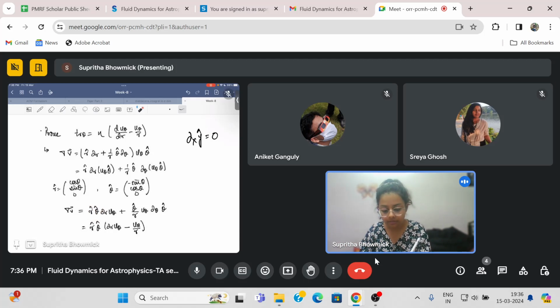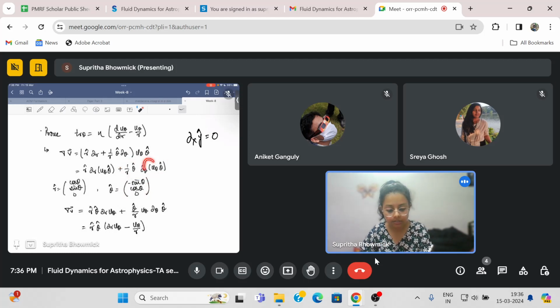All right. And then there's del r u theta. But then del r is also going to act on theta cap. What is del r acting on theta cap? It's going to be 0, because it does not have any dependence on r. Okay. All right. We move to the second term.